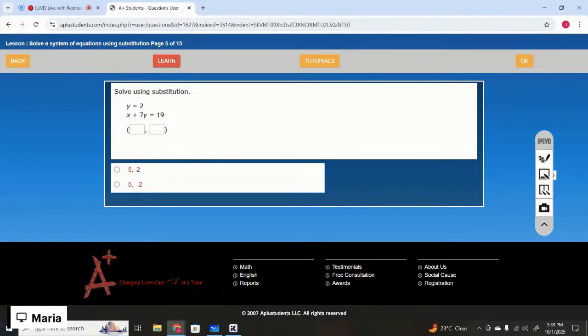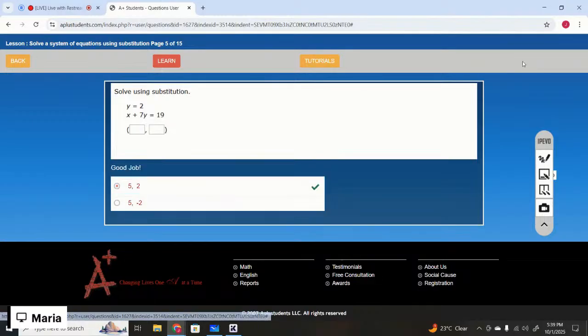Y equals 2, x plus 7y equals 19. Option number 1 is the correct option, that is 5 and 2.